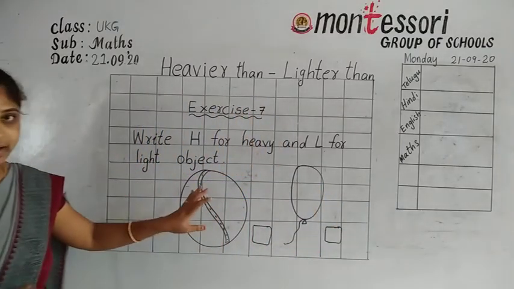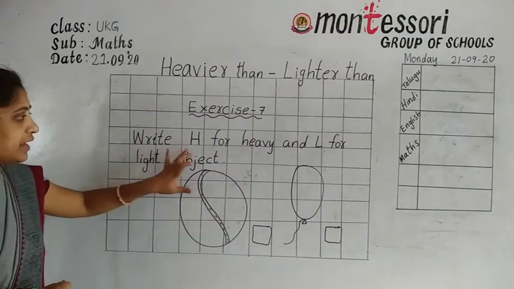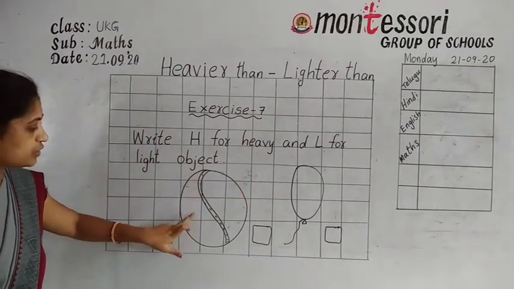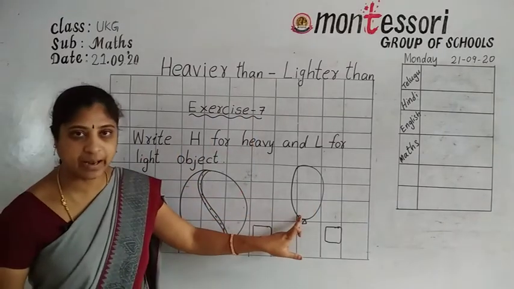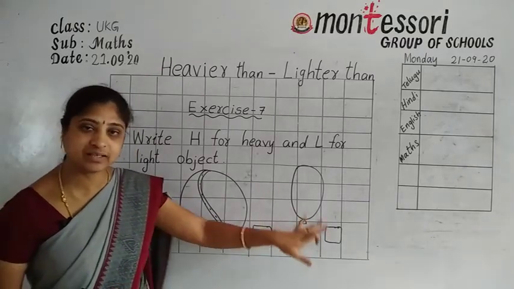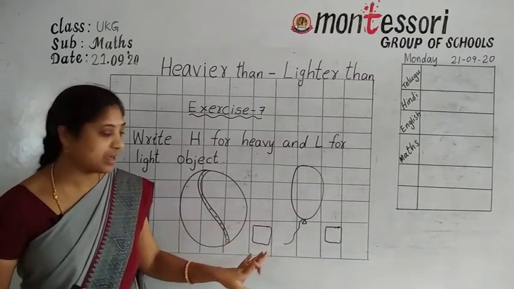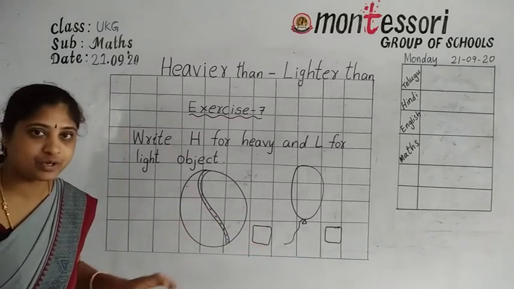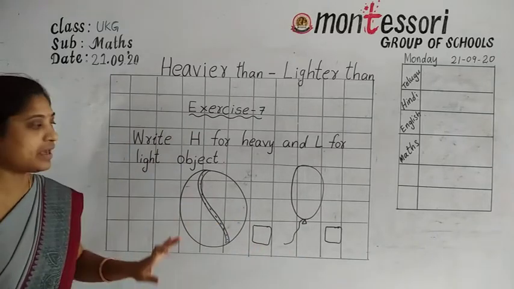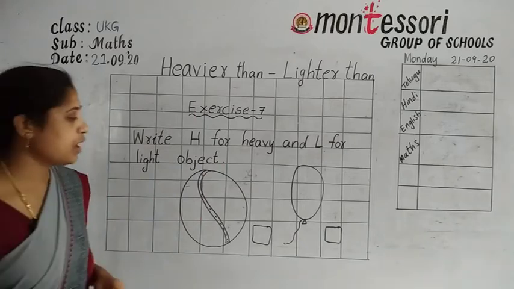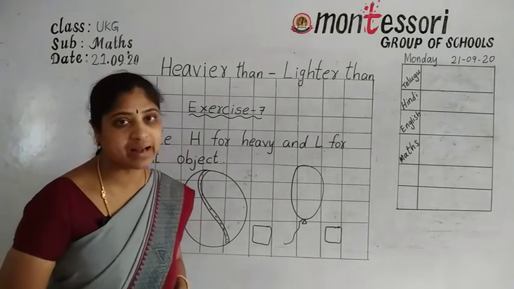Draw neatly. Write H for heavy and L for light object. Now this one is the ball, this one is the balloon. In these objects, which one is heavy, which one is lighter? After writing, send it to your class teacher. Understood all of you? Heavier than, lighter than. Draw neatly. Now after finishing, post it to your class teacher.